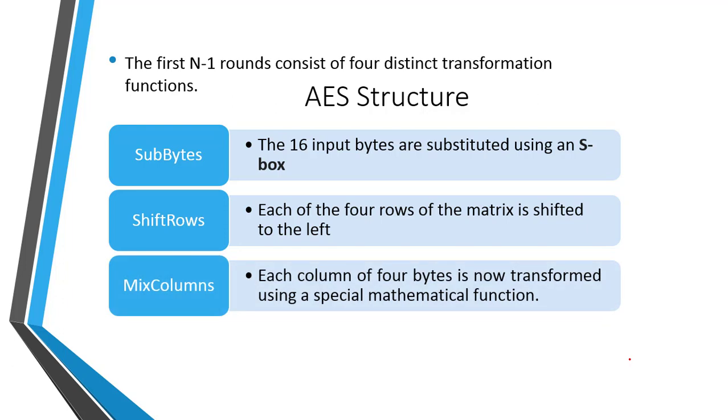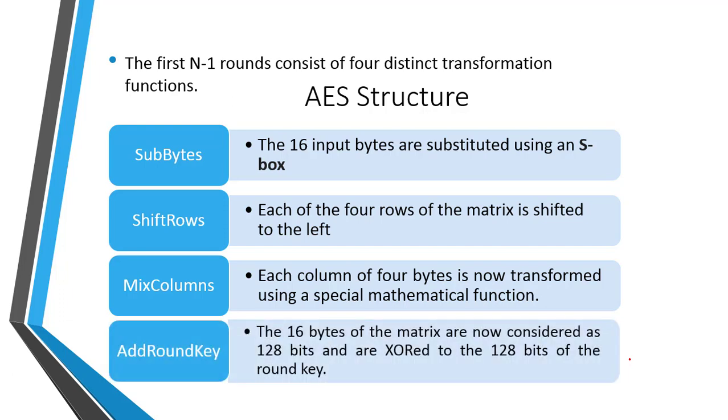Each column of 4 bytes is transformed using a special mathematical function. And next is add round key, in which the 16 bytes of the matrix are considered as 128 bits, which are XORed with the 128 bits of the round key. So these are the main operations of the AES structure. We will see all these operations in detail.